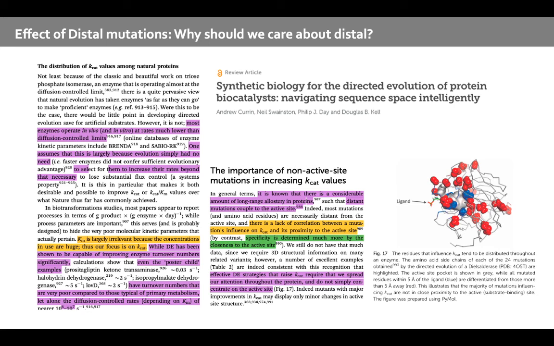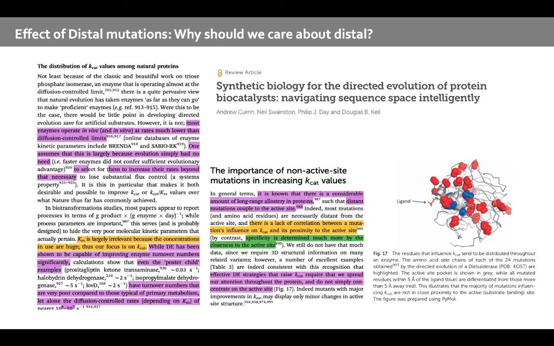And also he highlights, in the other paragraph, the importance of non-active site mutations in increasing KCAT values. So our focus is on KCAT, so how should we improve KCAT? I think it's a nice observation that he says there is a considerable amount of long-range allostery in proteins, such that distant mutations are coupled to the active site.